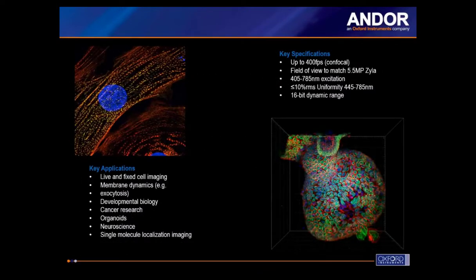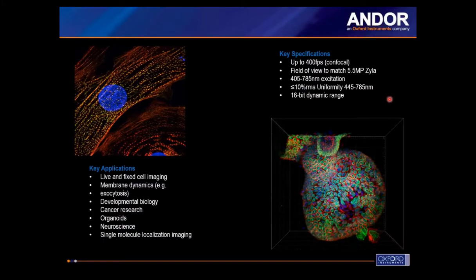Key specifications of the Dragonfly include up to 400 frames per second in the confocal mode, a very large field of view, and a very broad excitation wavelength range with high uniformity across it, with a 16-bit dynamic range for capturing the image.